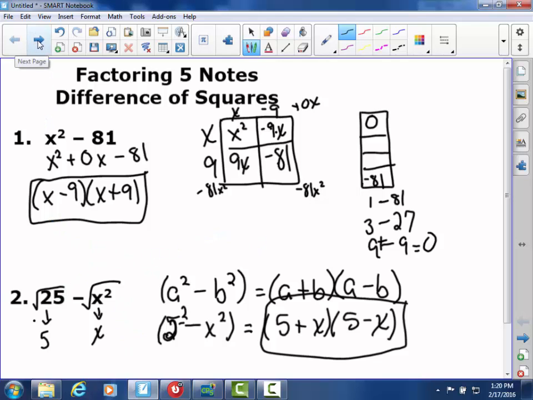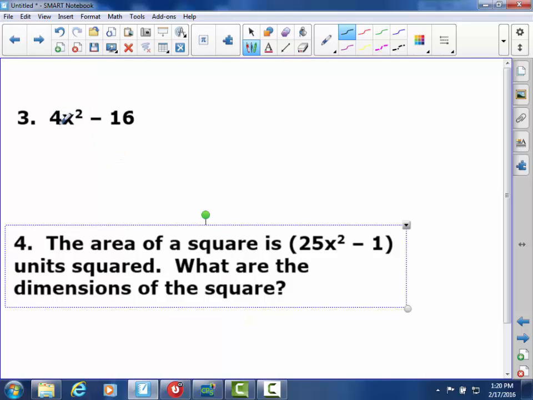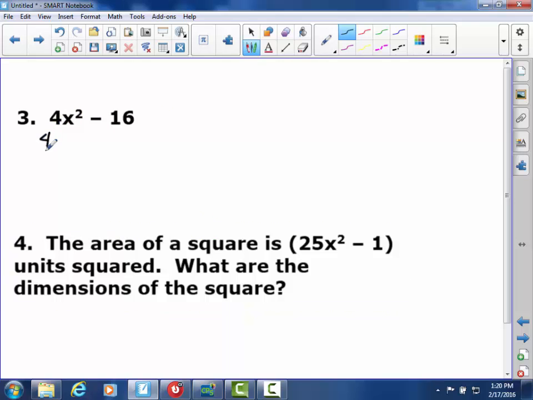Okay, so let's check number 3. Before we get started, I forgot to mention this on the first set: we always look for our GCF first, right? So here, 4 is in both of these. So 4x squared divided by 4 is x squared, and 16 divided by 4 is 4. But these are both perfect squares.